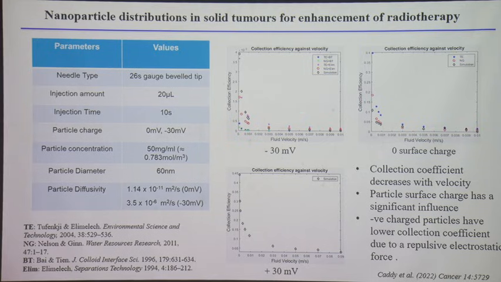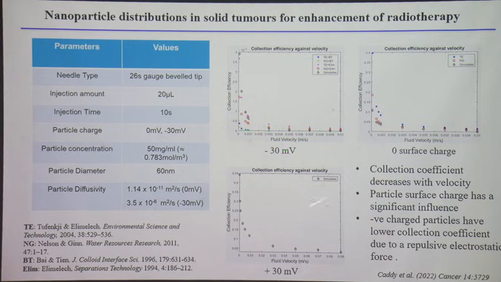I don't know whether you may be able to see it clearly. So you see the collection efficiency, which is a parameter that we need to include in the transport model. The collection efficiency as a function of the fluid velocity. So this is for negatively charged nanoparticles. This is zero surface charge.